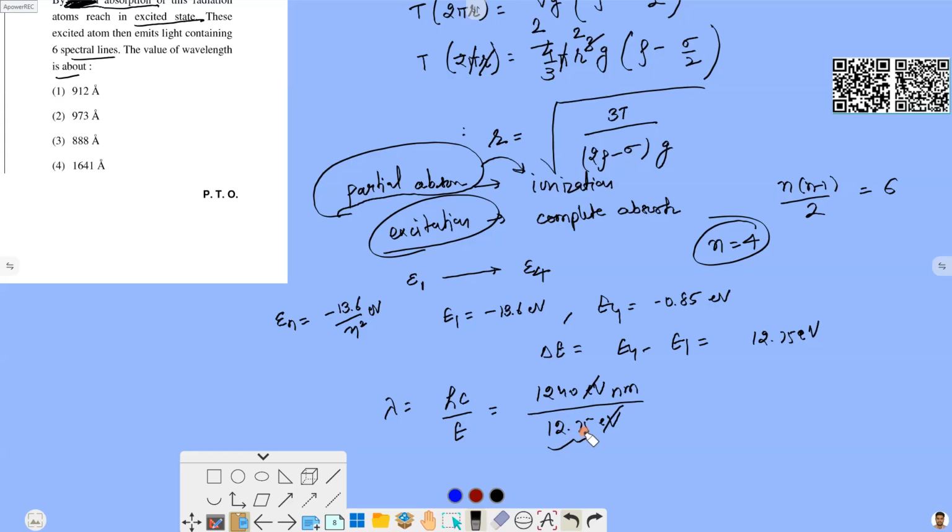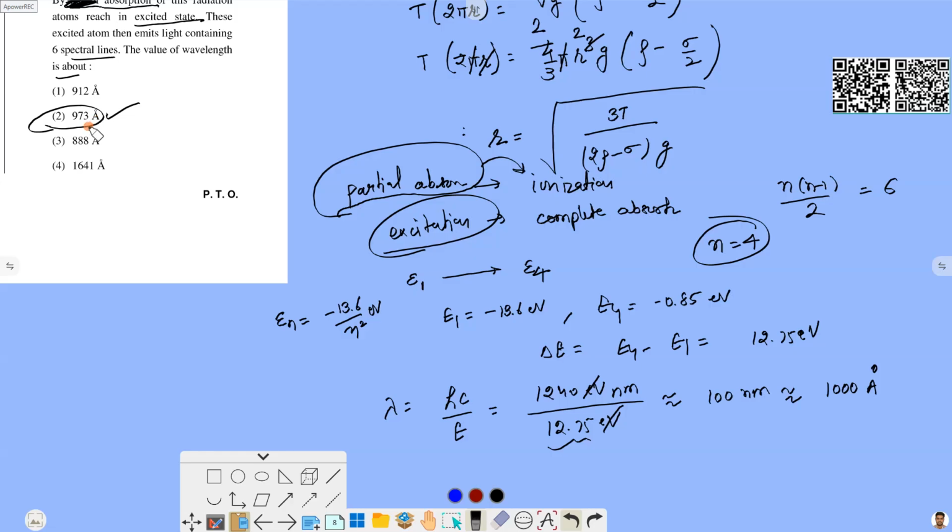If we assume this is 12.4, then this will give us 100. So I'm just approximating it. It will be approximately equal to 100 nanometer, and that is approximately equal to 1000 angstrom. The nearest answer to us is 973 angstrom, and that is also the right answer.